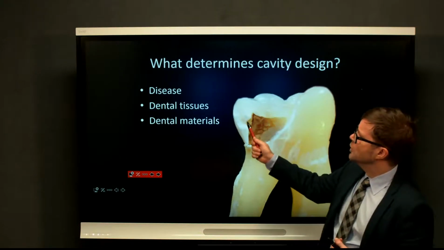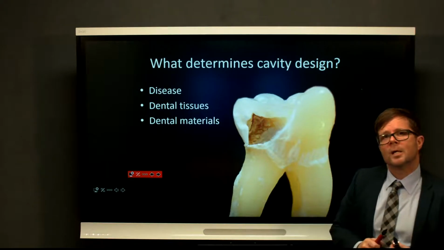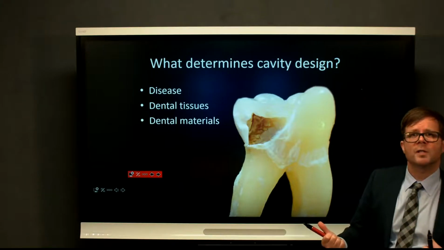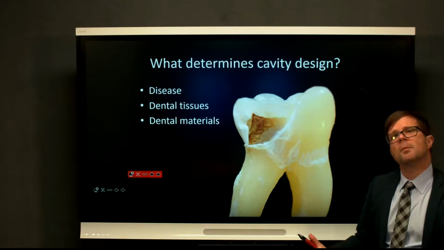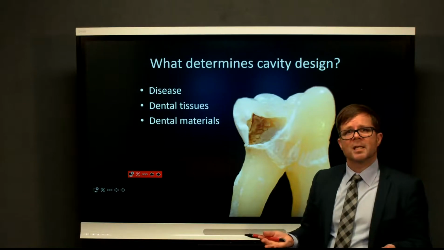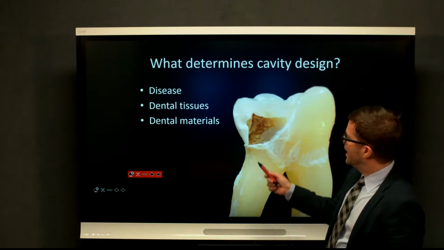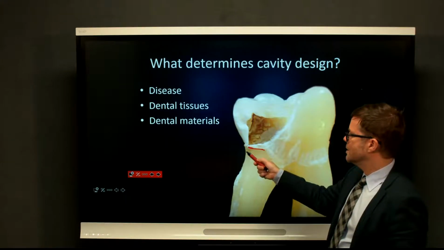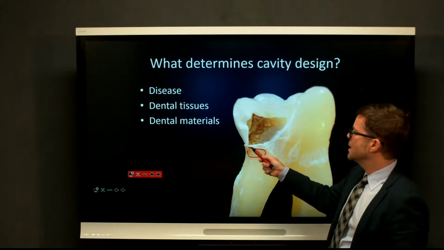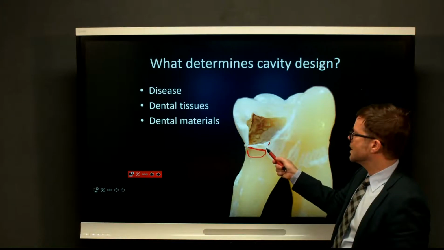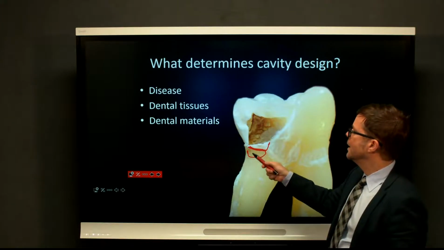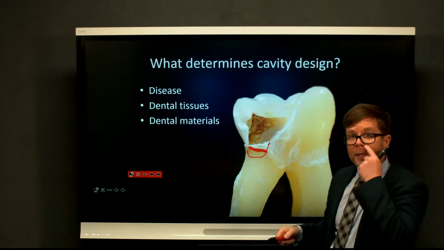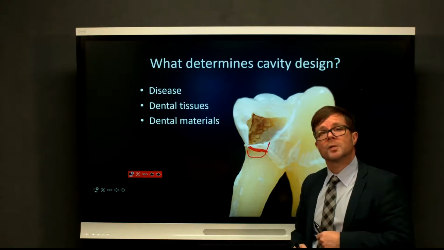And the dental tissues in the area also will help us to make a decision. Is there dentine involved and enamel, or is it just enamel, or is it large areas of dentine with no enamel? In this area here, you can see we're getting very close to the cementum and dentine of the root. So if we had no enamel left, let's just say the cavity went all the way down to here, then we wouldn't have an enamel margin here to bond a material like resin composite to.